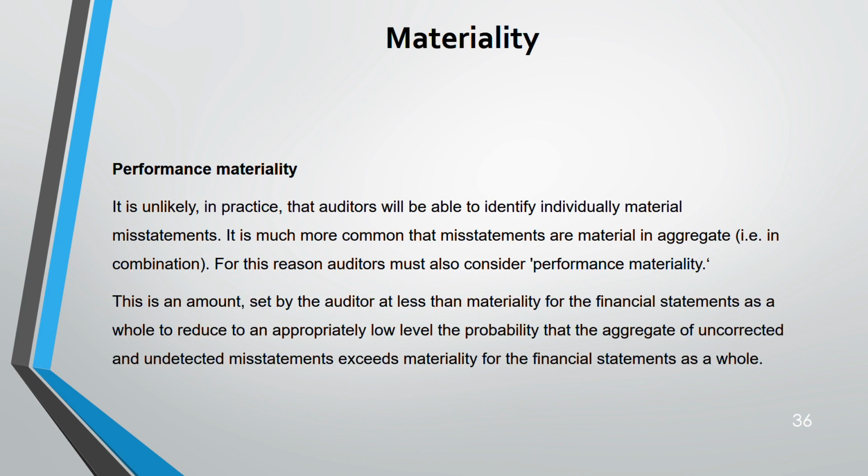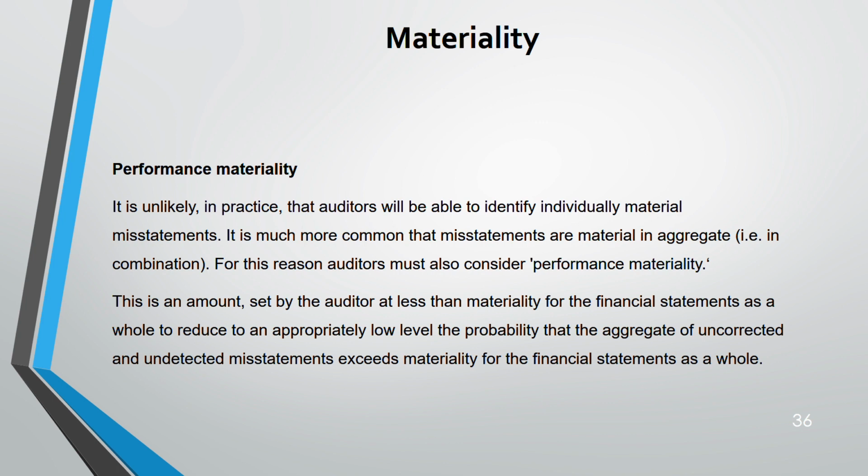This means auditors set the materiality level at less than the materiality that they have set for the overall financial statement. Why do they do this? So that they can reduce the probability that the aggregate of the uncorrected or undetected misstatements exceeds materiality for the financial statement as a whole.